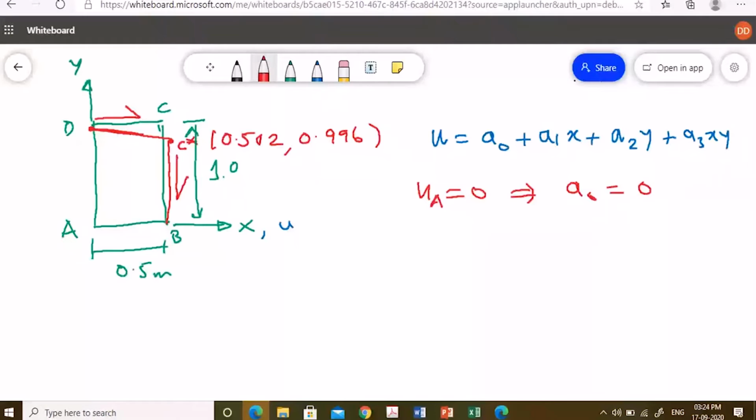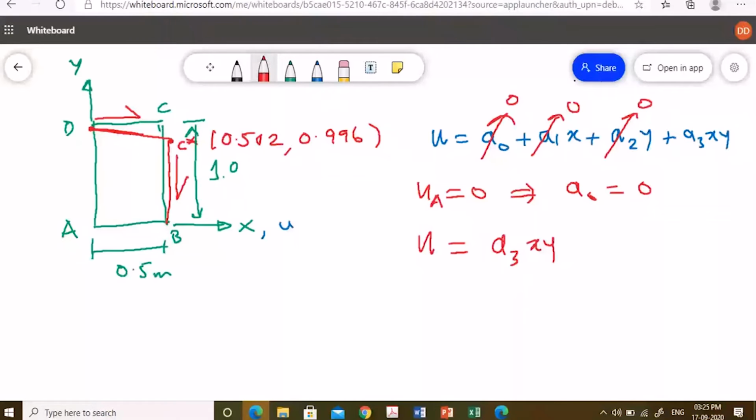Similarly, you will find this also 0 at point D, and at point B this is also 0. So actually, this U is nothing but A3XY. Using Pascal's triangle, we found a relationship between the displacement, or deformation, in the X direction and the coordinates.